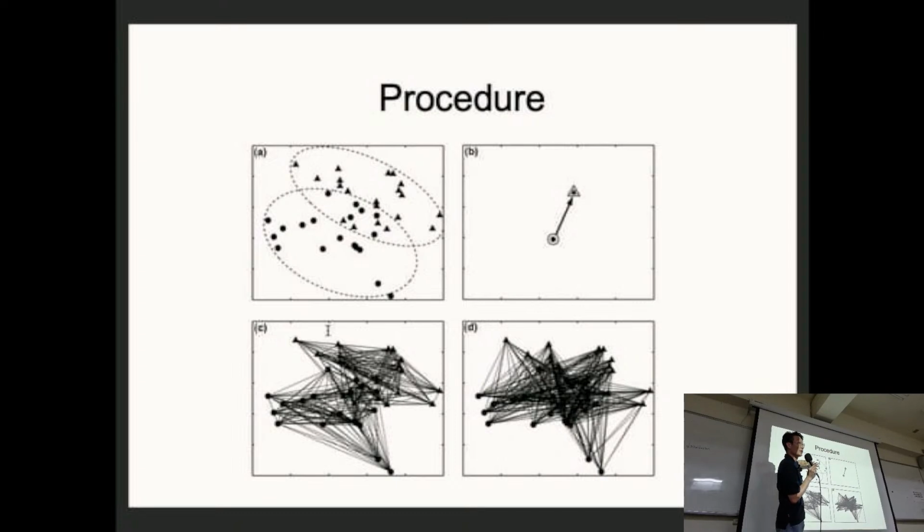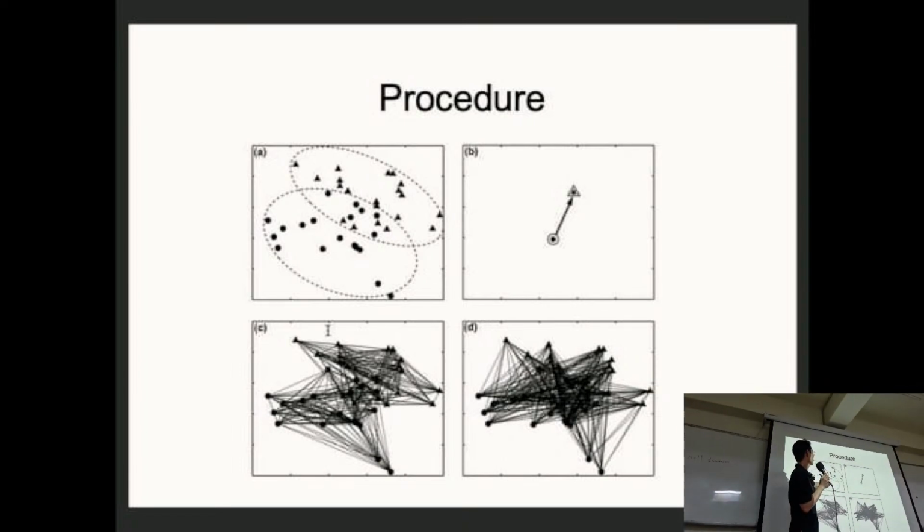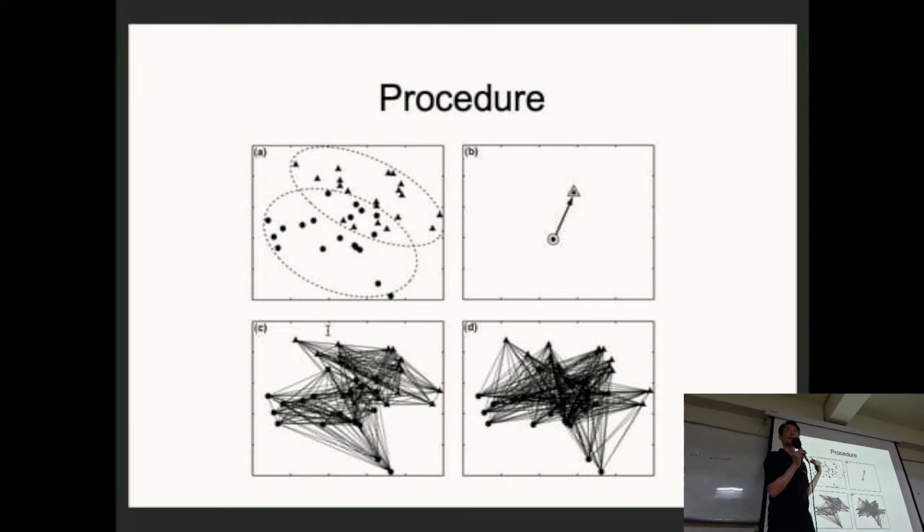Then you just randomize: you randomly assign the climate regime to each year, actually each data point. And then again you calculate this, and you repeat it.